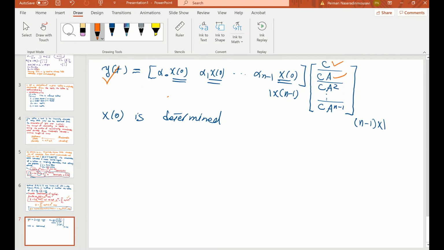And obviously alpha known. Okay, it is determined from observation at this limited time. Understand?